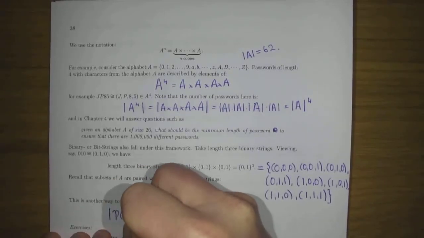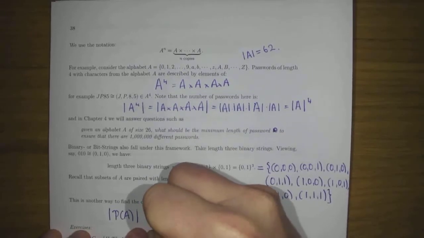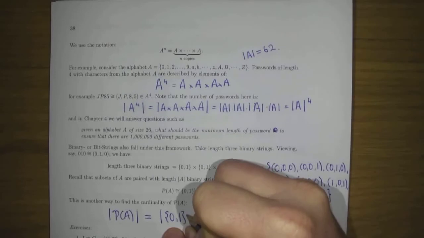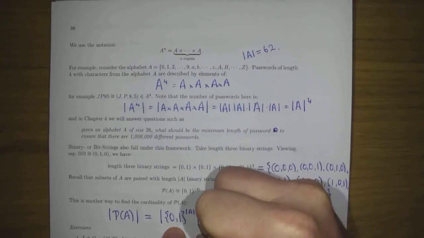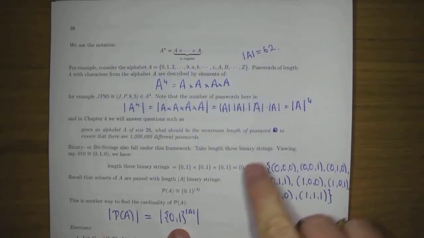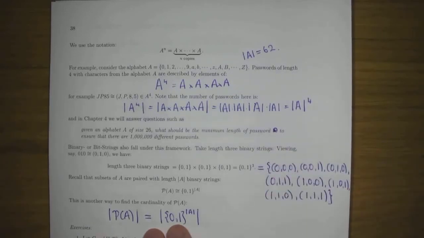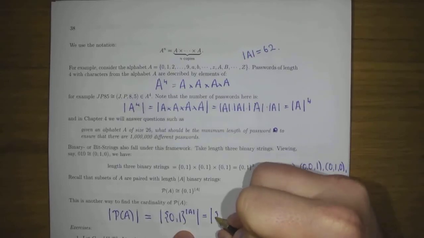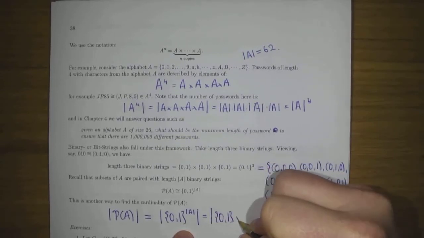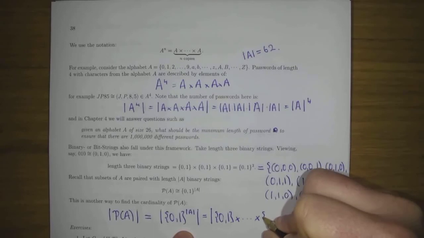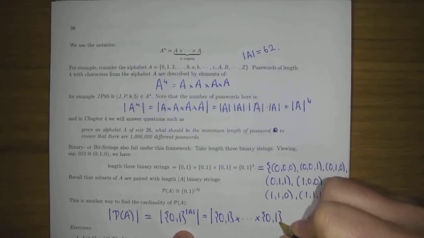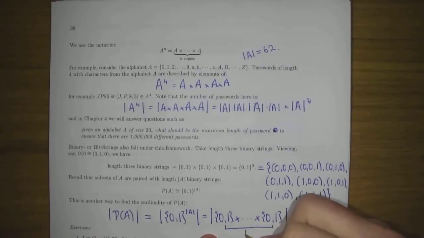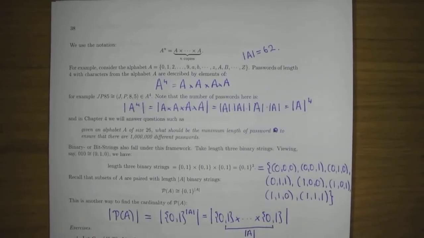The number of subsets of A is the same as the number of binary strings of length the cardinality of A. We can show this using a similar argument: you have the Cartesian product of {0,1} with itself |A| times, where |A| is the number of elements in the set.